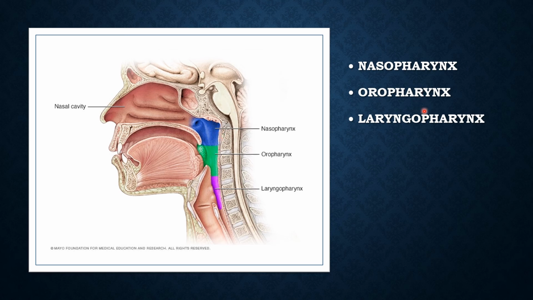The oropharynx, which is the central portion of the pharynx between the roof of the mouth and the edge of the epiglottis down here. And then we have the laryngopharynx, which is illustrated in purple here. This constricts the pharynx during swallowing, and there will be some muscles that I'm going to be talking about that will help explain that process.